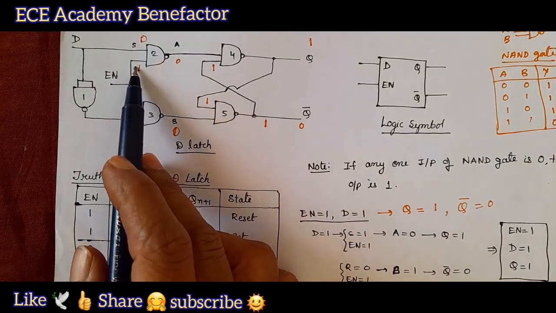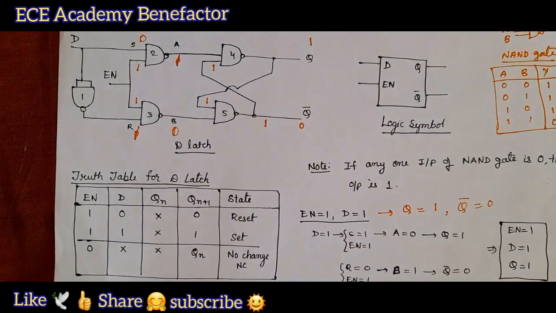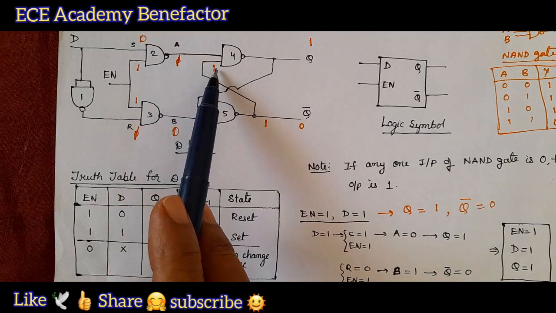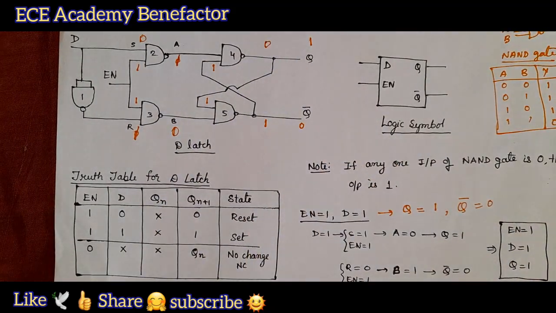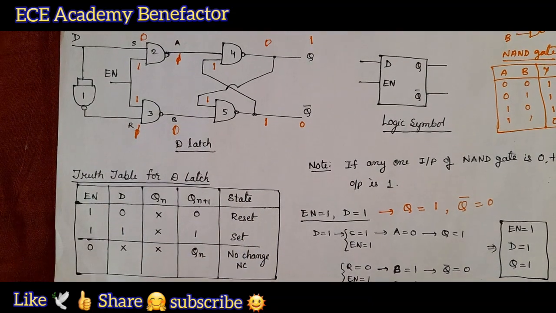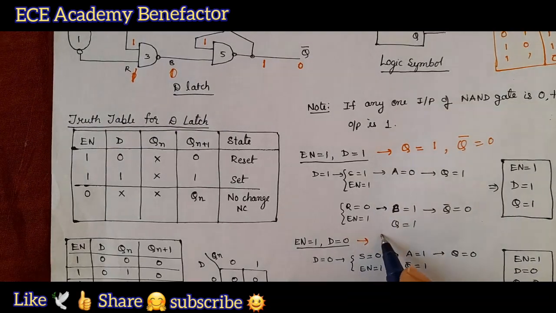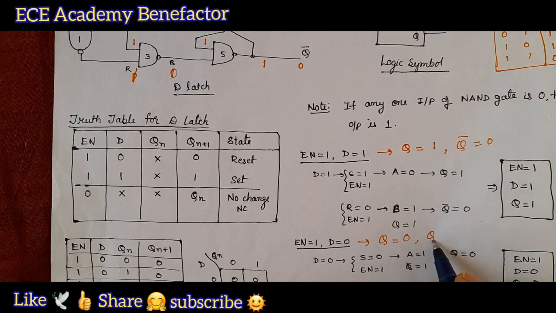For 0 1 the output is going to be 1. So, now both the inputs are 1 1. What is the output here? 0. So, what happened? When the enable input is 1 and D is 0, Q is now coming to be 0, and Q bar is coming as 1.